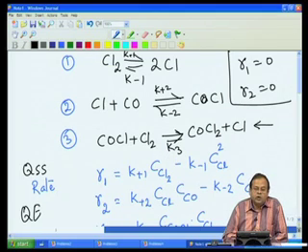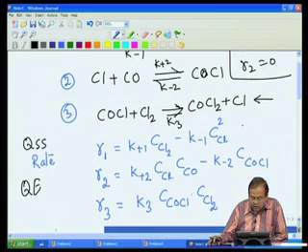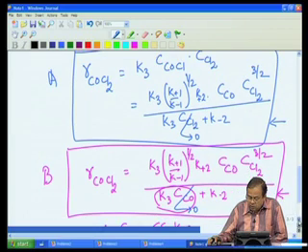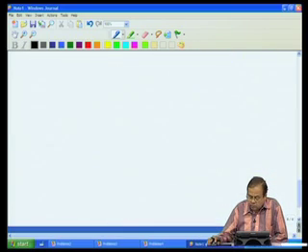So, if according to whatever mechanism the reaction is taking place, there is a rate determining step which is like the third reaction, and the first two reactions are very fast, then there is no way we can distinguish between these two mechanisms. Okay. But let us say that that is not the case.